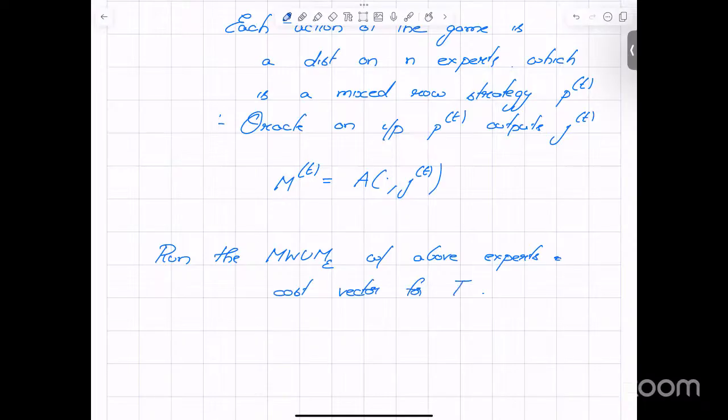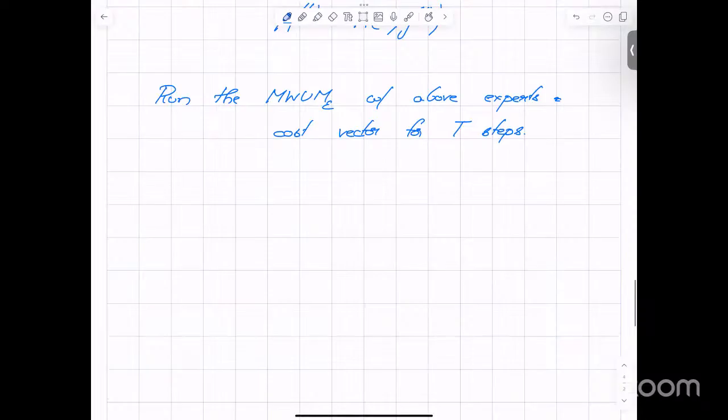The algorithm is going through, and we're starting with the uniform distribution.